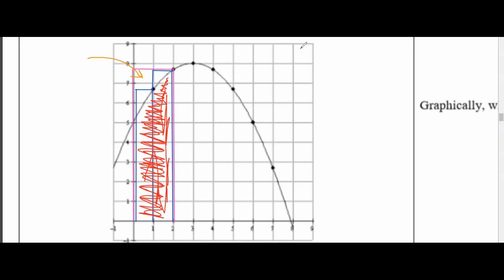The examples that we're doing in the video are where each rectangle has a base length of 2 units. As you try some of these on your own, where you split the base length into 1 unit, then half unit, etc., the numbers that you're getting are going to be closer to what the actual area is, even though we don't actually know what that area is because we don't know how to find that yet.